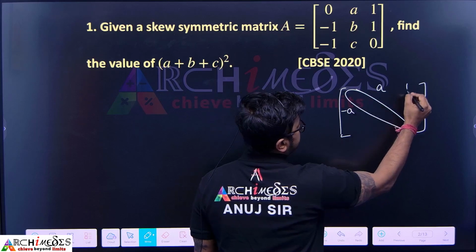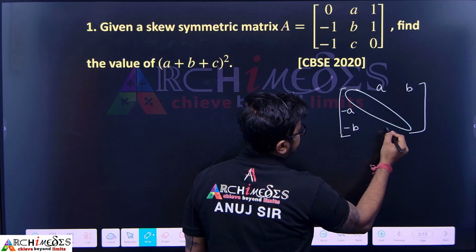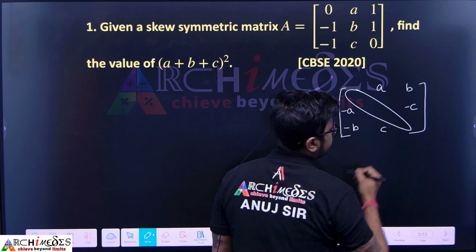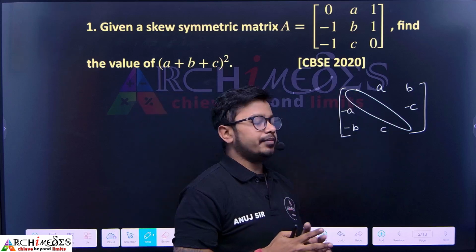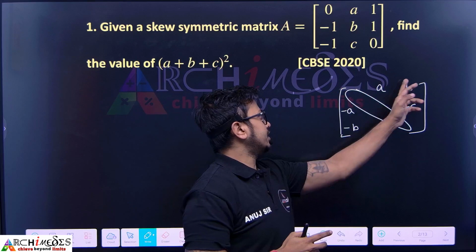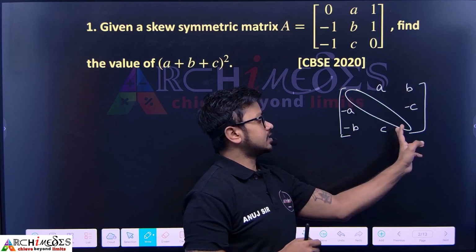If this is B, this is minus B. If this is C, then this is minus C. That is for the skew symmetric matrix. Whereas for the symmetric matrix, the diagonal element can be any element, and the opposite elements are the same. This works like a mirror.